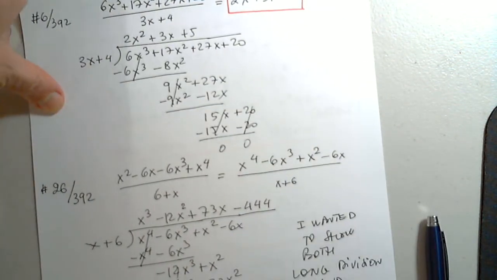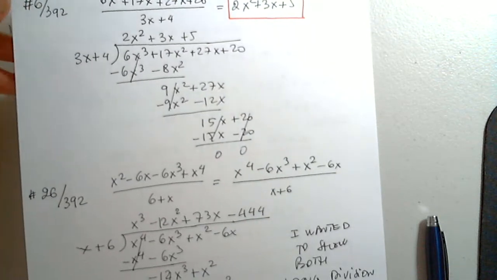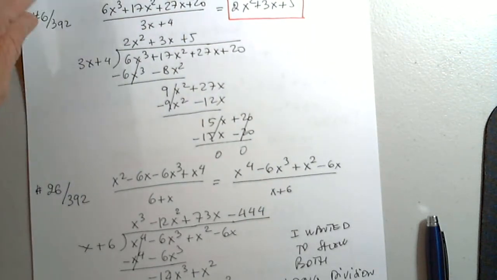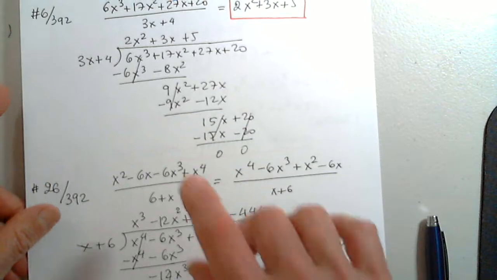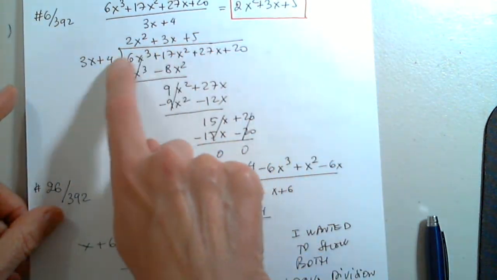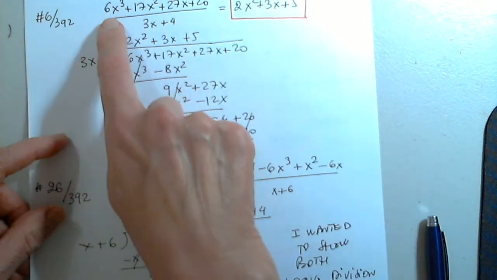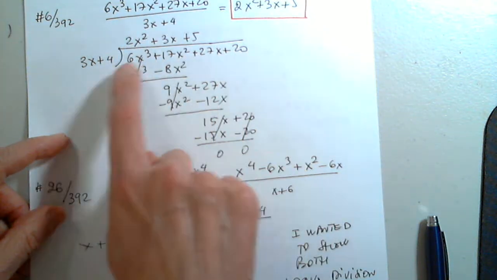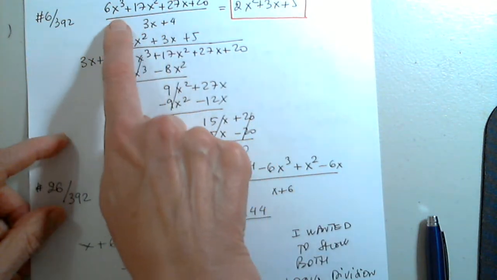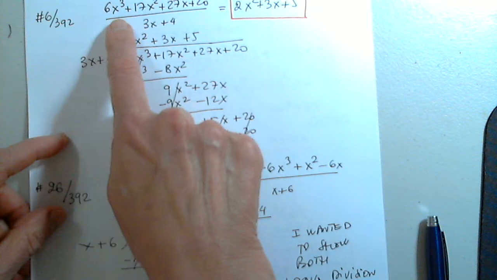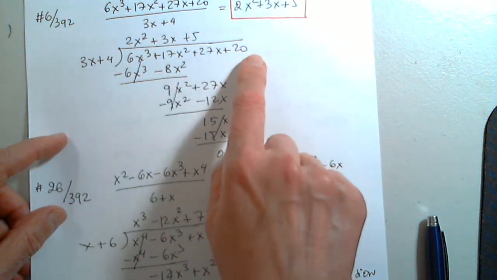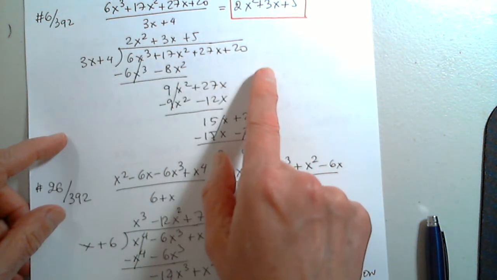Same thing. Then long division. The long division makes sure of 2 things: that both polynomials are in descending order, and secondly, that in the numerator and the denominator, there are no missing terms. If they are missing terms, then you have to leave a blank space.